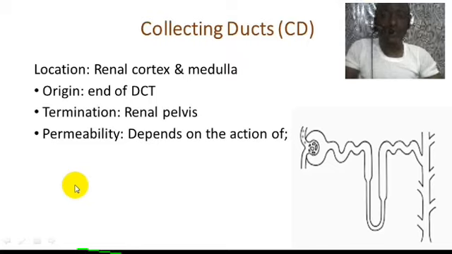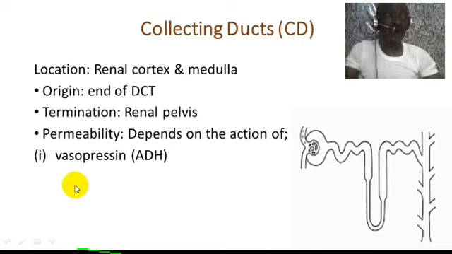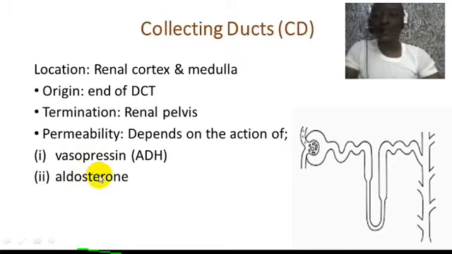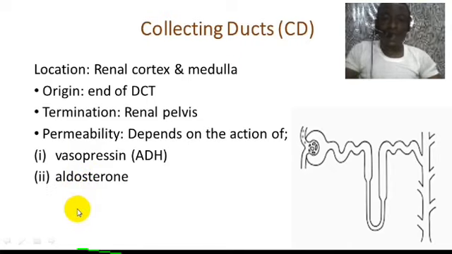Its permeability depends on the action of two hormones. The first hormone is vasopressin, and the next hormone is aldosterone. These two hormones regulate the permeability of water and solutes in the collecting duct. So the permeability depends on the presence or absence of these two hormones.